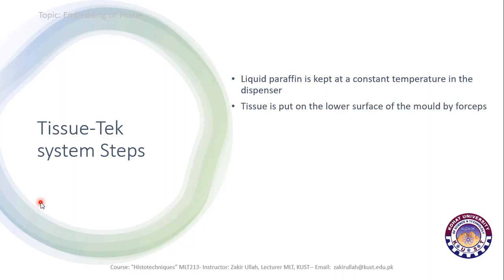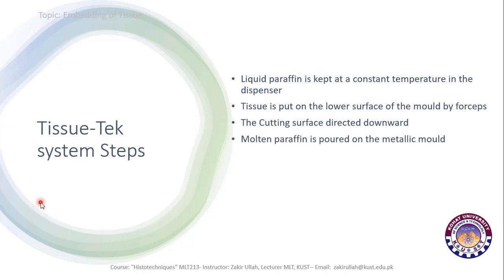Then the tissue is put on the lower surface of the mold with the help of forceps, and the tissue is placed correctly so that all the surface of the tissue appears on the smear. The cutting surface of the tissue is directed downward, and the molten paraffin wax is poured on the metallic mold.